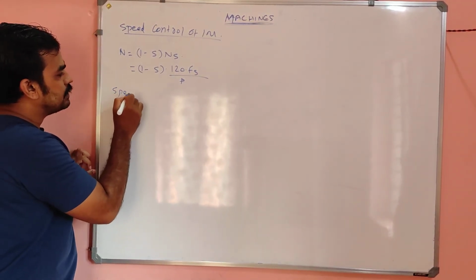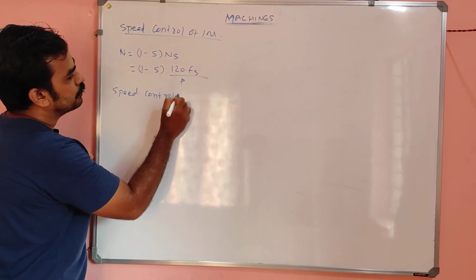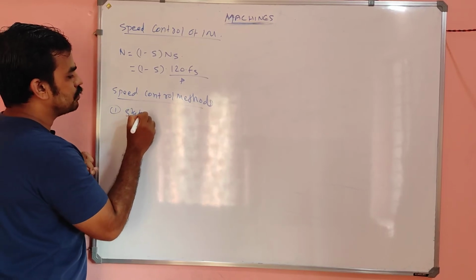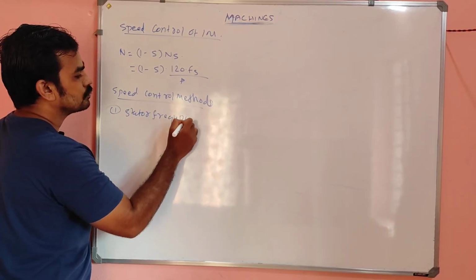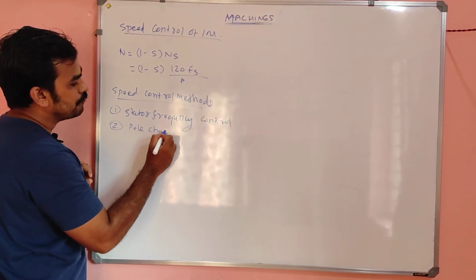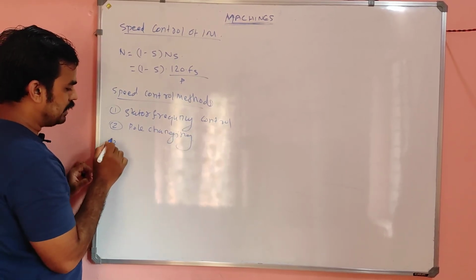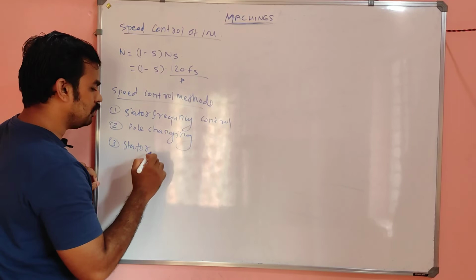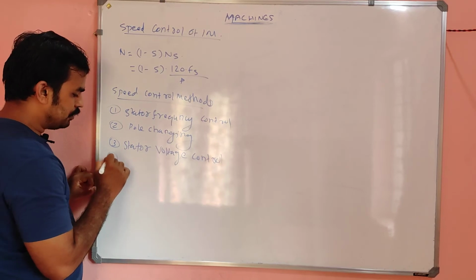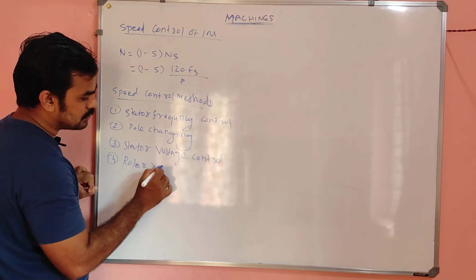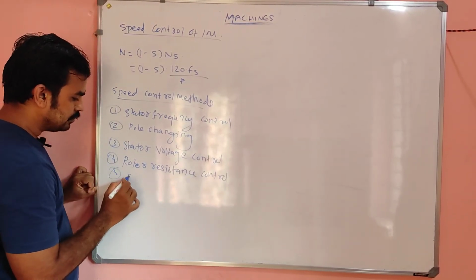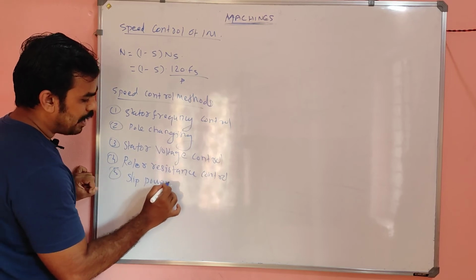So the speed control methods are: one, stator frequency control; two, pole changing; three, stator voltage control; four, rotor resistance control; five, slip power recovery scheme.